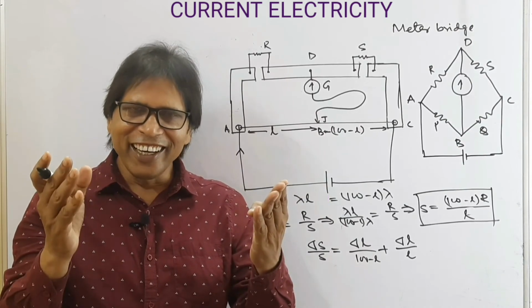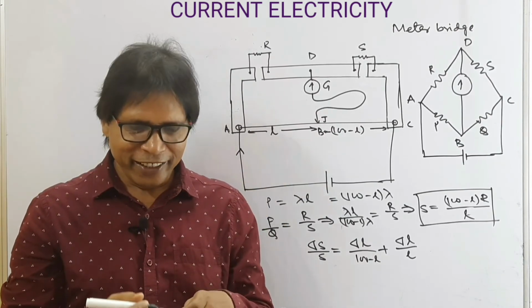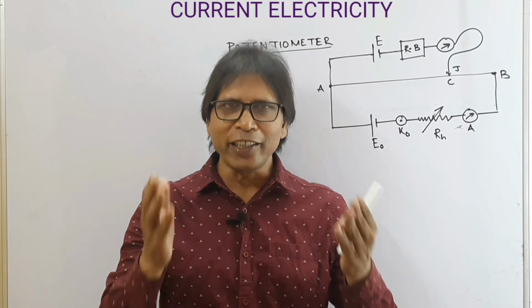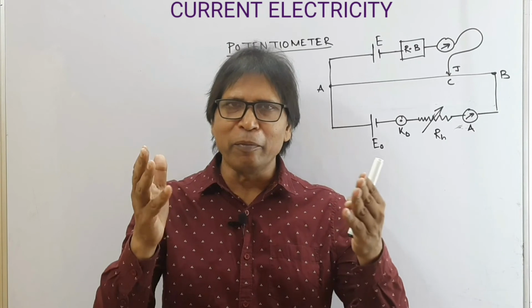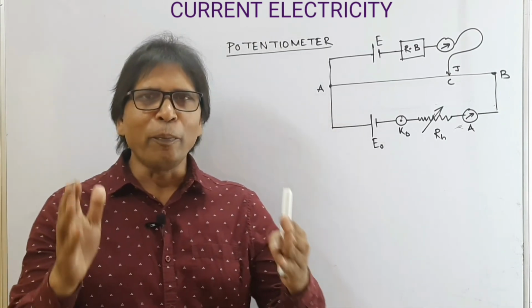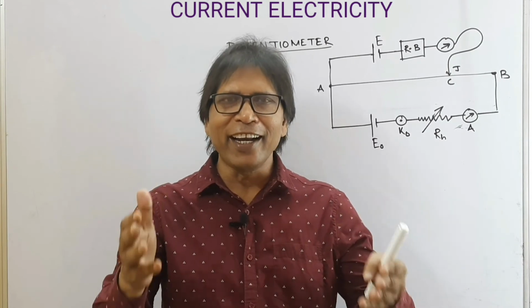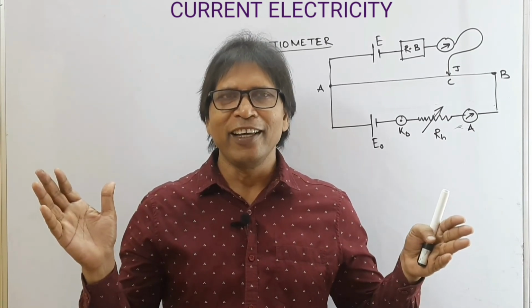Okay, understood? Now next, potentiometer. The potentiometer is used to measure the EMF of a cell, compare the EMF of two cells and measure the internal resistance of a cell.